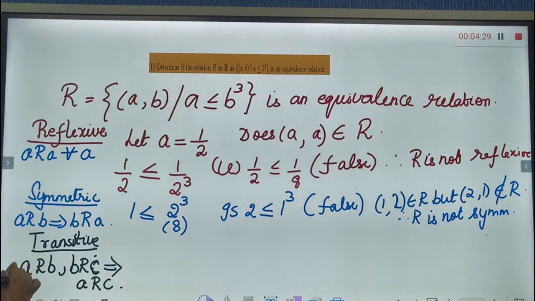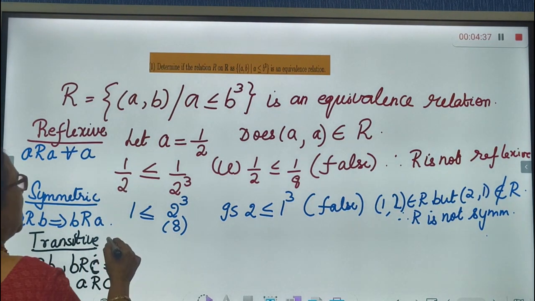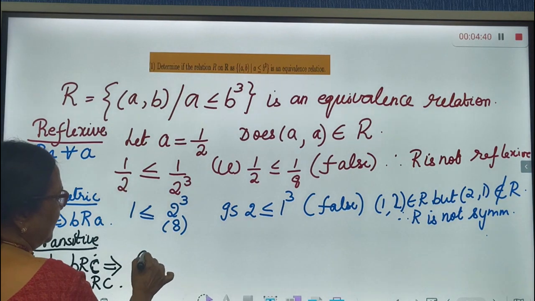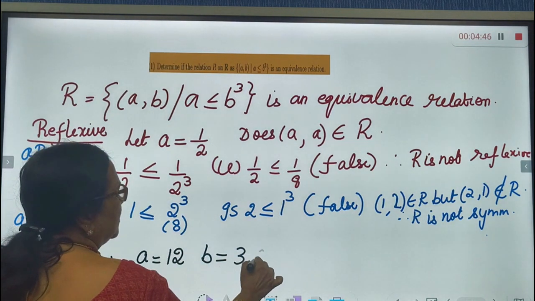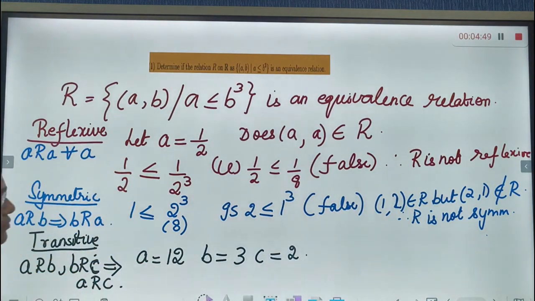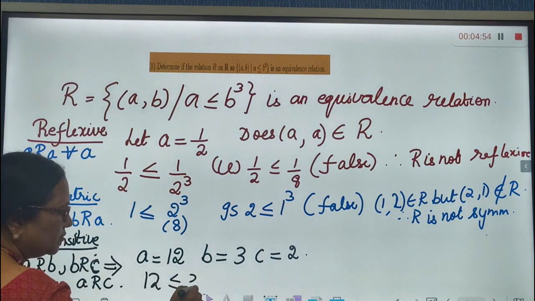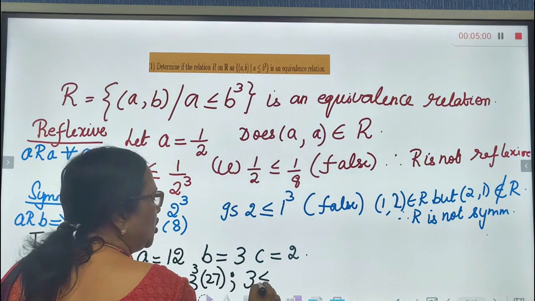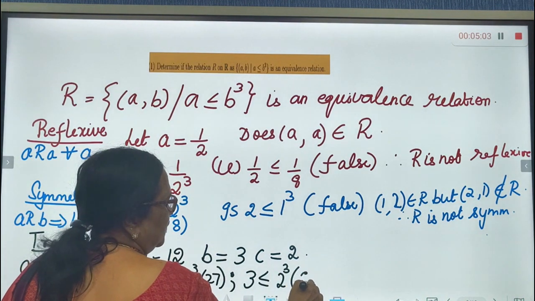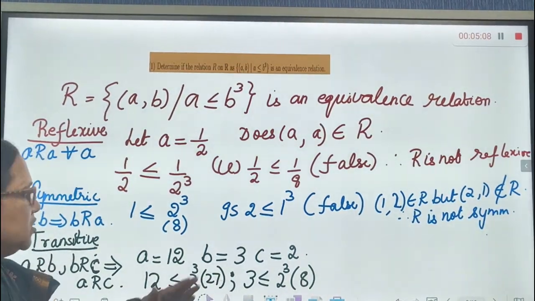I am going to choose a particular example, which is done out of trial and error: a equal to 12, b equal to 3, c equal to 2. Now 12 is less than or equal to 3 cube, which is 27. And 3 is less than or equal to 2 cube, which is 8. So a is related to b, and b is related to c.